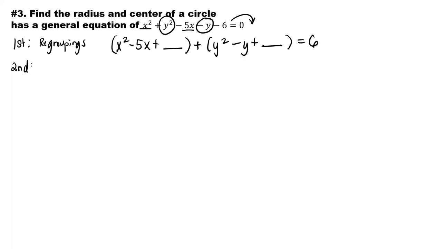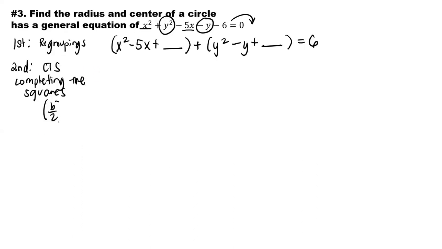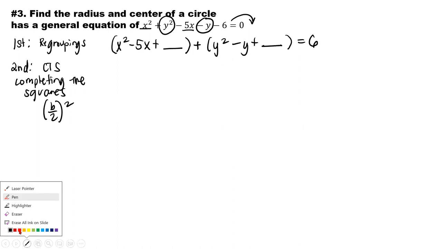Then the second step is the CTS or the completing the square. Okay? So by completing the square, ang kailangan natin formula is b over 2 squared. So let's substitute the value of b.